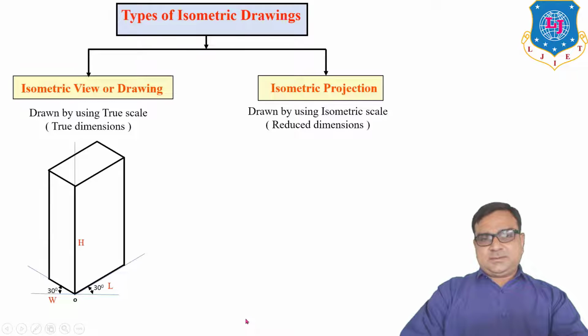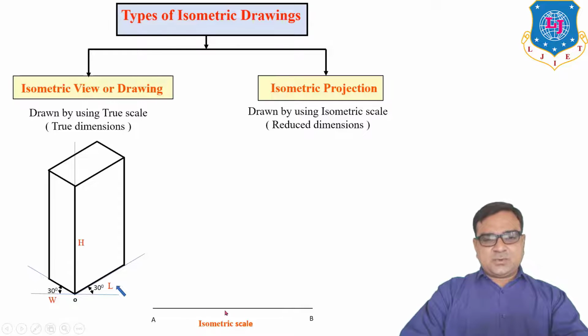But in isometric projections, all the dimensions are reduced. So by what percentage are they reduced? For that we have to draw one isometric scale. How to draw one isometric scale? This isometric scale is used to reduce all the true dimensions into isometric length.